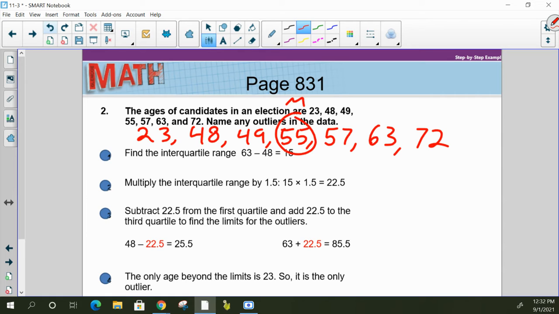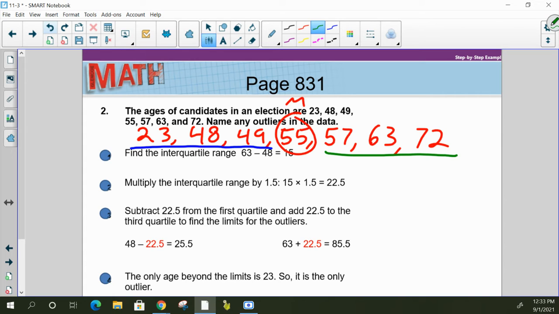Now that we've got that, we can split our data into two pieces. We have everything smaller than the median and everything bigger than the median. We're just going to find the median of each underlined section, or the middle number, for our quartile. So let's start with the blue underline.